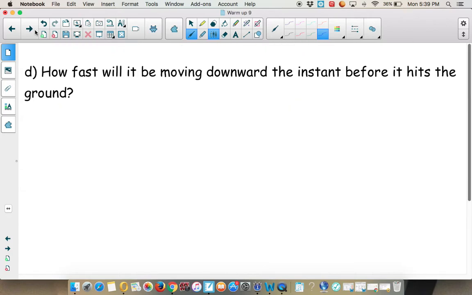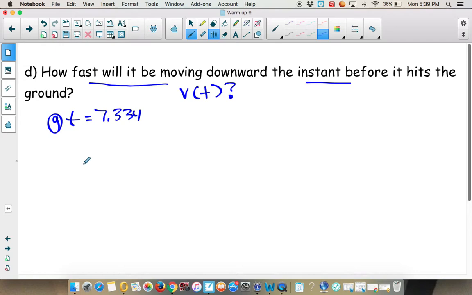How fast will it be moving downward the instant before it hits the ground? Okay, well, I need to know the instant that it hits the ground. So that's at a time of 7.334. How fast will it be moving? That's a v of t question. So I need to find v of 7.334.